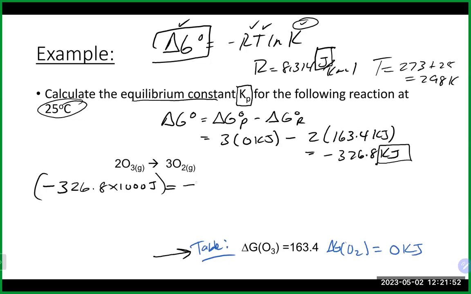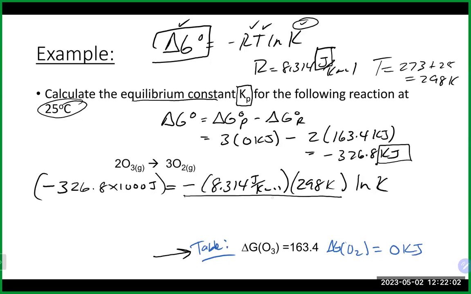That would be equal to negative our 8.314, our 298, and our natural log of K. We're going to bring all this stuff to the other side, and we're not going to forget to also take the negative with it, because that's going to be important here. 326.8 times 1,000 divided by 8.314 divided by 298, and the negative and the negative cancel each other out, giving you 131.9 equals the natural log of K.